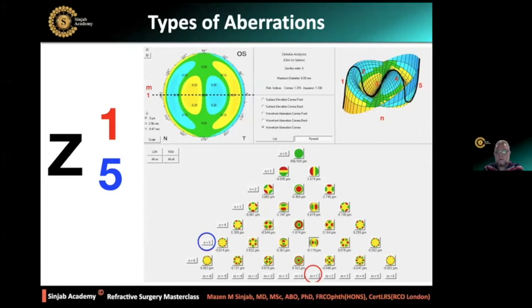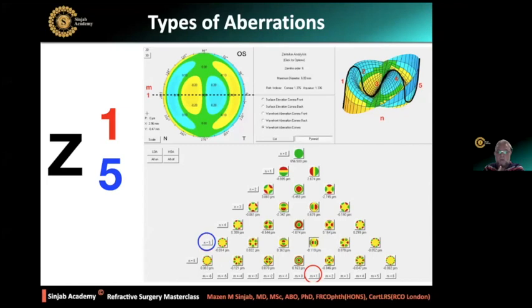This is another example. Z5, 1, there is no minus, it is plus, so it is horizontal. 5 means 5 distortions along the affected meridian. If you see the 3D on the upper right, you will find 1 going up, 2 going down, 3 going up, 4 going down, 5 going up.